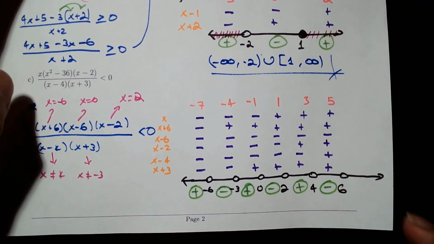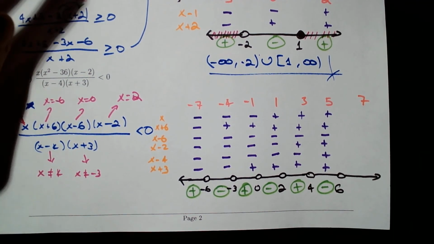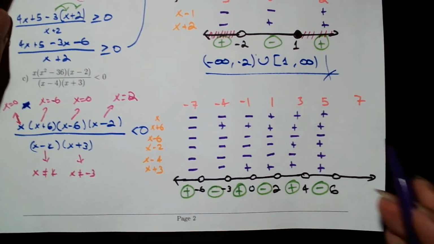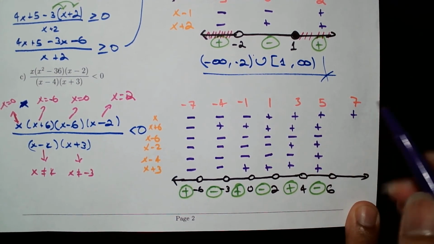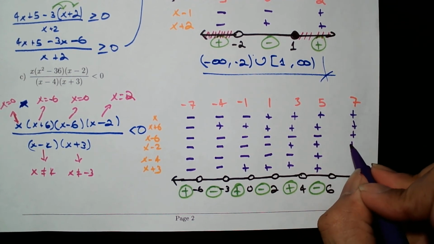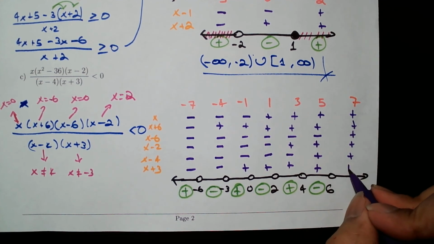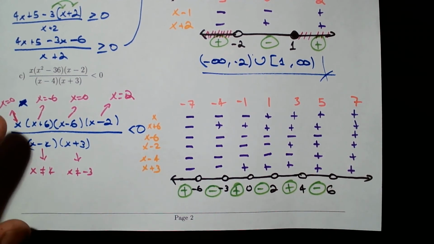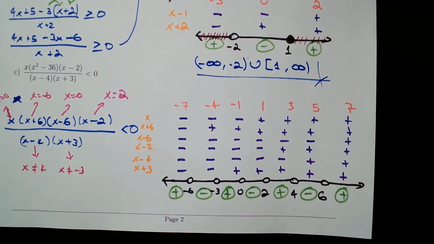I forgot to do the last one. So I'm going to choose the number 7 as our test value. 7 is itself positive. 7 plus 6 is positive. 7 minus 6 is positive. 7 minus 2 is positive. 7 minus 4 is positive. 7 plus 3 is positive. The product of all positives is positive.